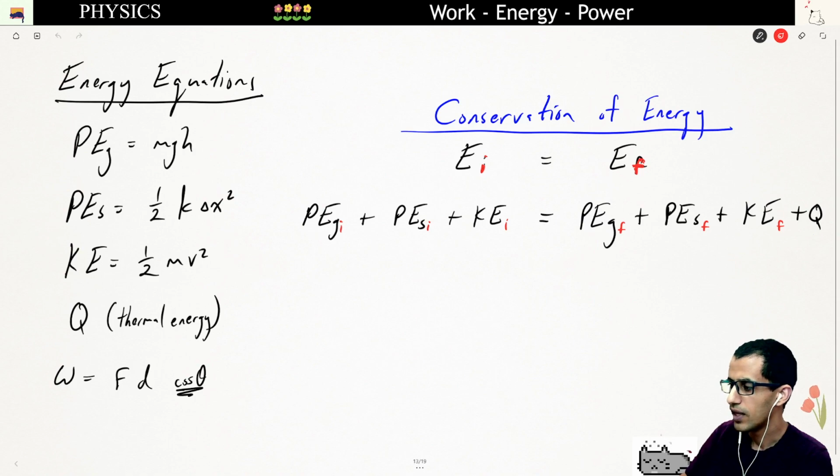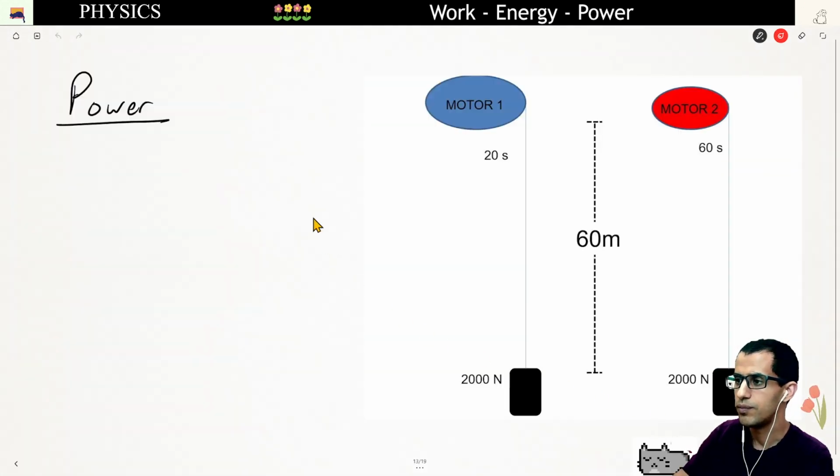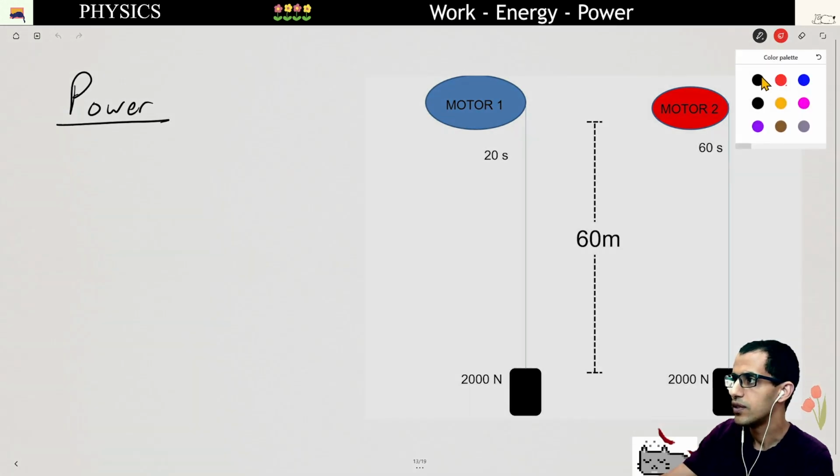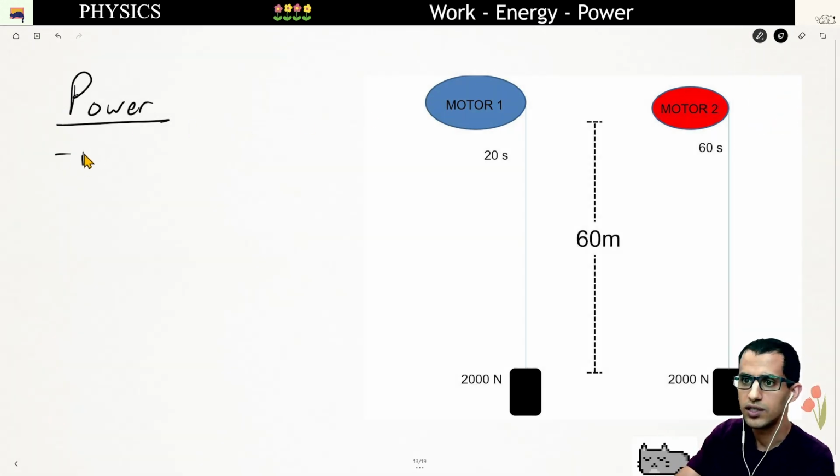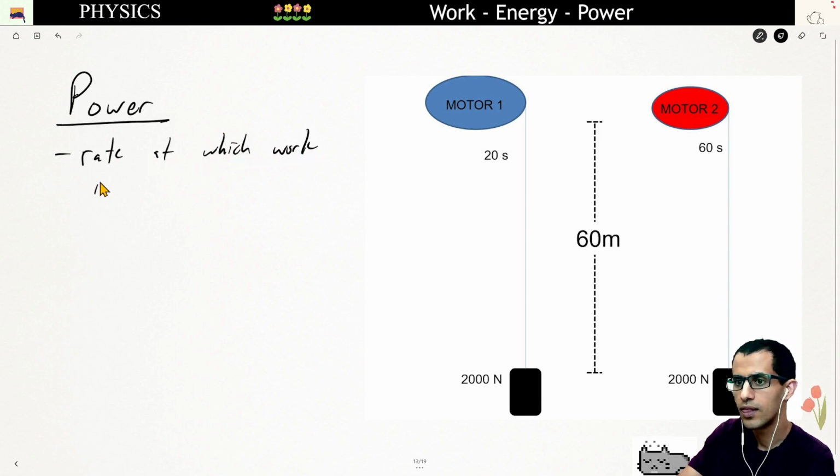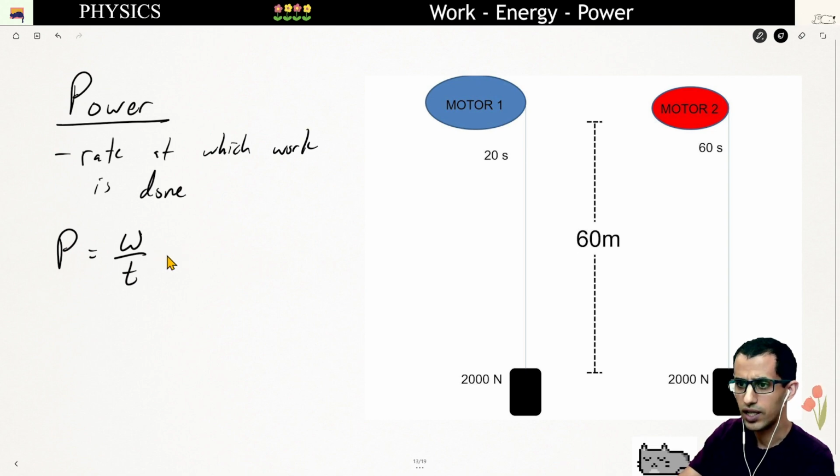And then finally we get to power. The definition of power is pretty straightforward. It is a rate, and it is the rate at which work is done. And the equation is going to be equal to work divided by time, which can be rewritten as, well, work is force times displacement divided by time.